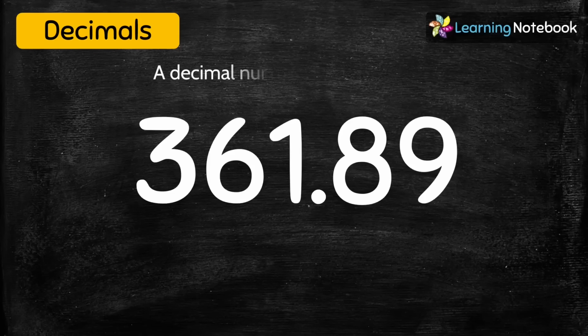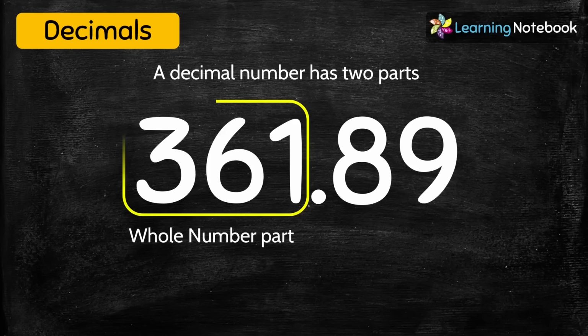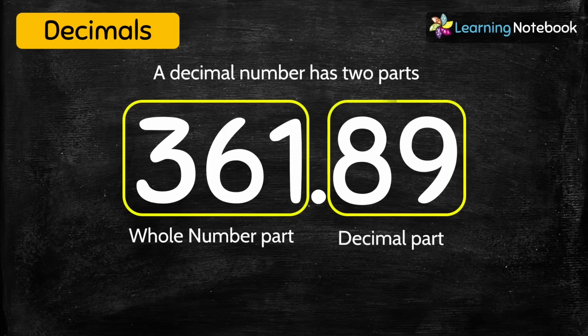A decimal number has two parts: whole number part and decimal part. So here in this decimal number, 361 is the whole number part, whereas 89 is the decimal part.